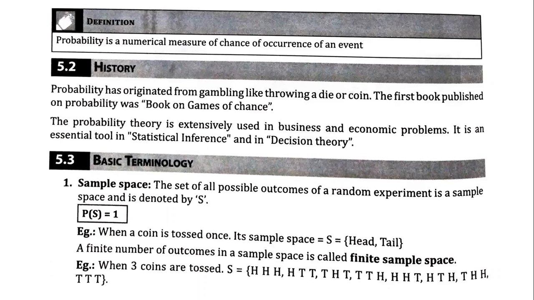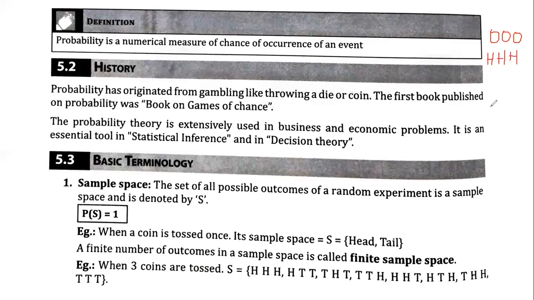Okay, now let us see one more example. 3 coins are tossed. It is not one coin, but 3 coins which are tossed. Now, when the 3 coins are tossed, what all can be the possibility? I can have the possibility of all the coins having head.